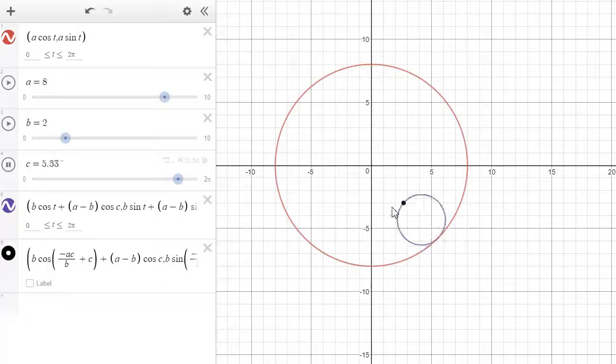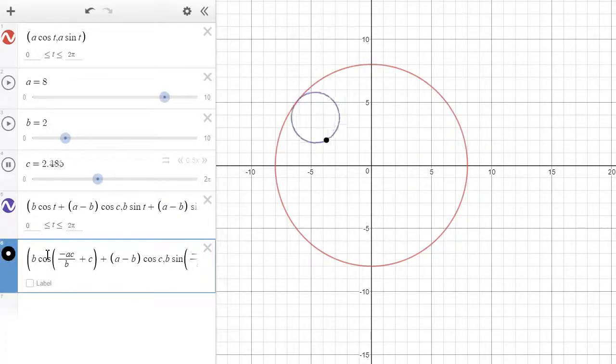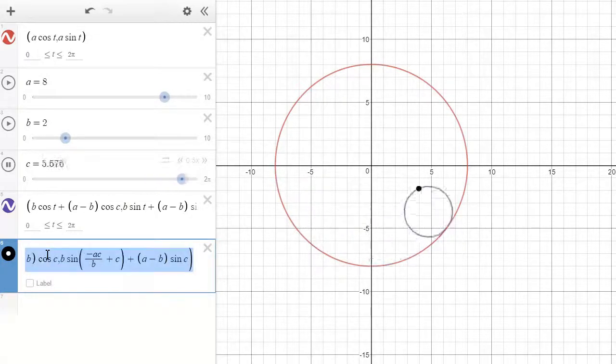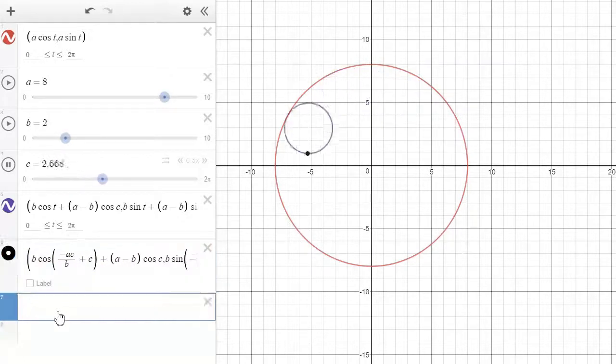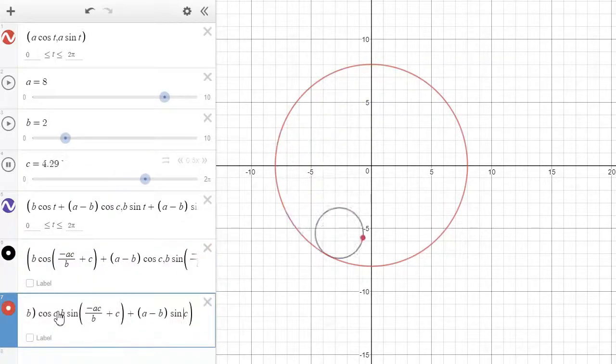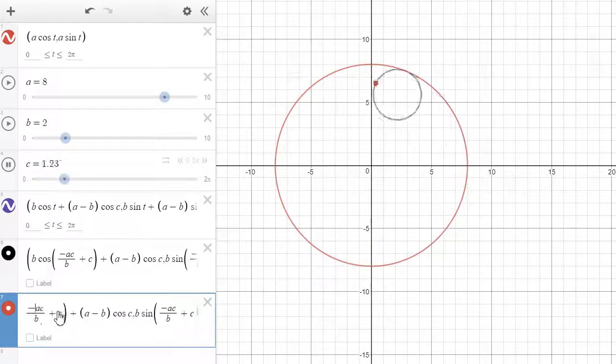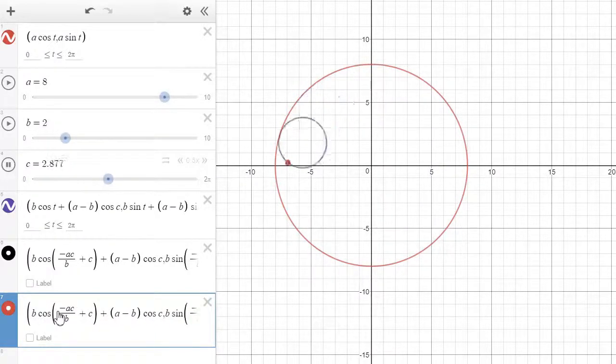Because we want to follow the particle, let's copy and paste the particle. Control C and then Control V, and then change all the C's to T, because T is reserved within Desmos, and it will scan through the whole system.